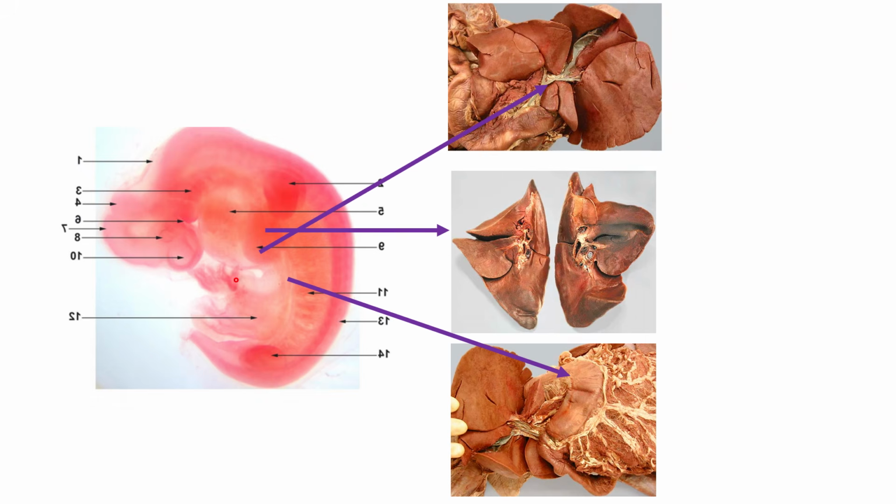For example, this part, my gosh, it will eventually turn into what organ? Yes, the liver. And then this part will eventually give rise to the lungs. And this part maybe will eventually give rise to the stomach.